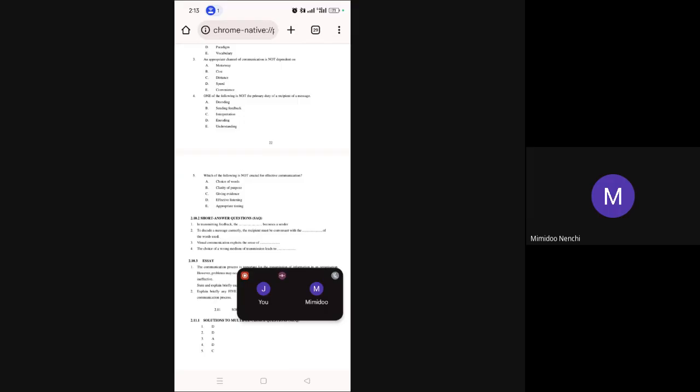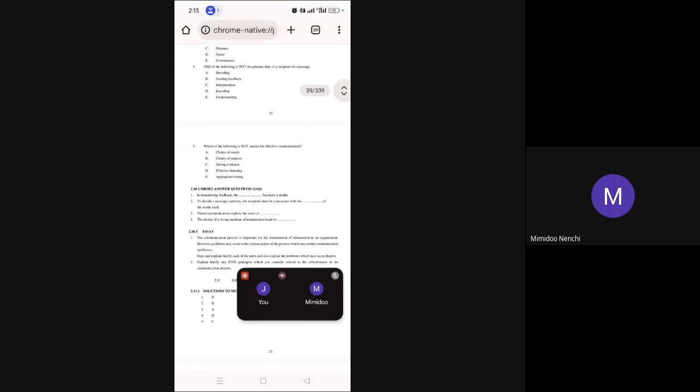You don't need much evidence. You need to look at the choice of words, the clarity of purpose, then there should be effective listening, and appropriate timing is also part of it. Giving evidence is not part of it.